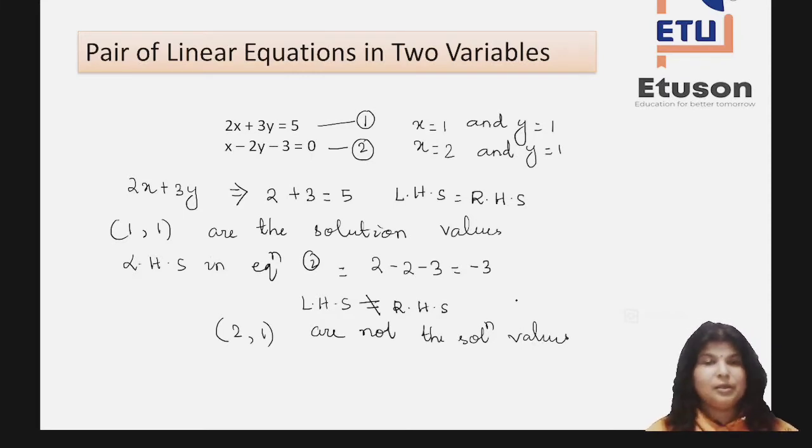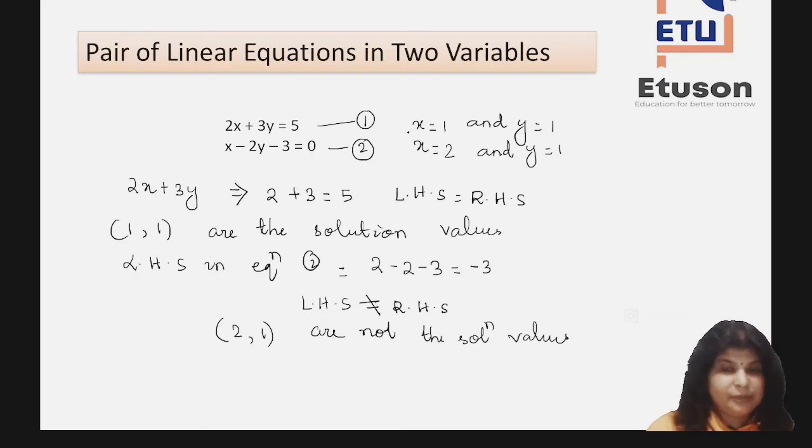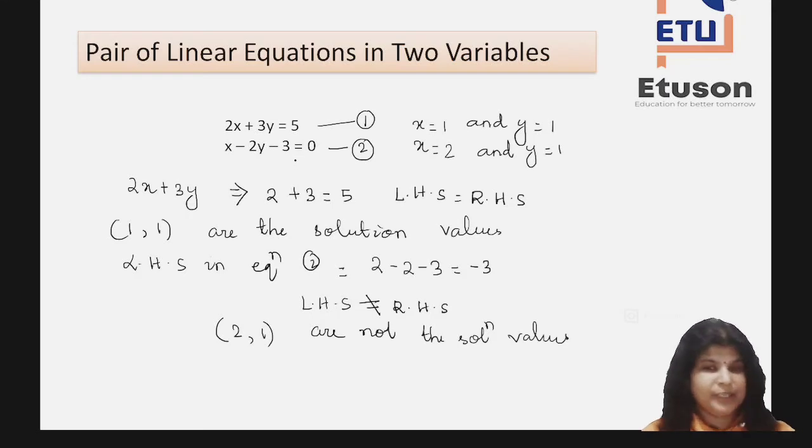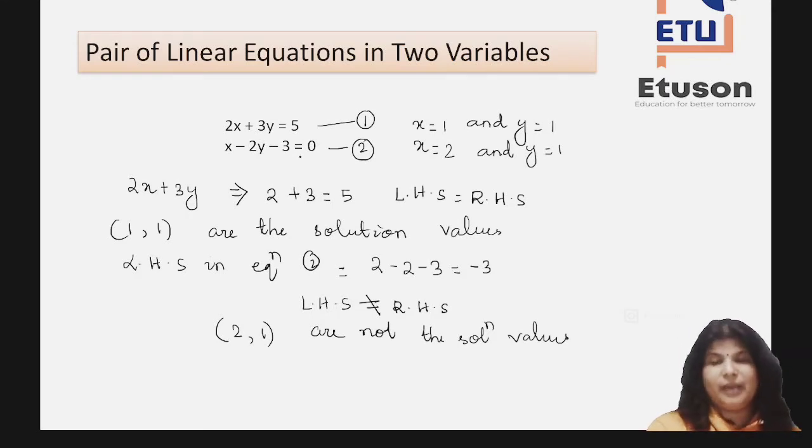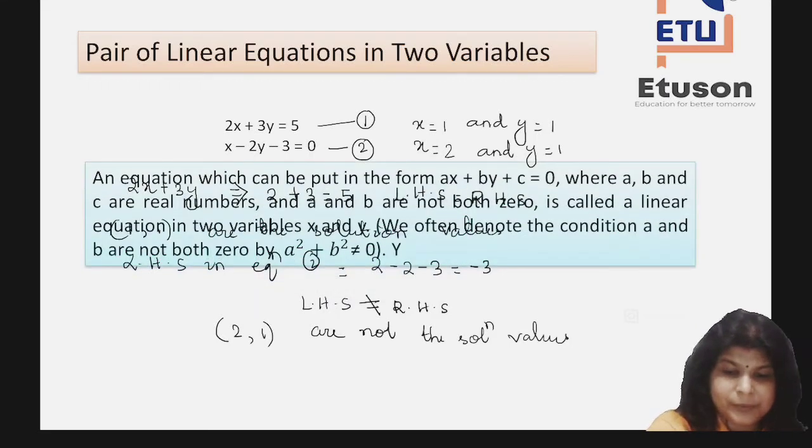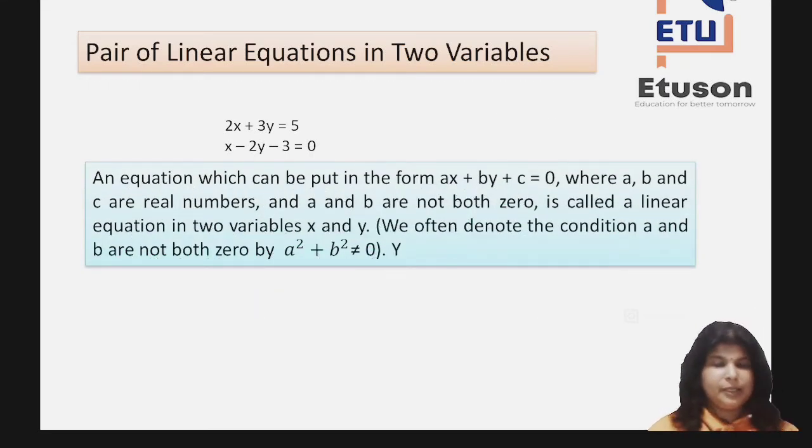So remember, for a particular value, if the equation is satisfied, that is LHS equal to RHS, then only it is the solution values. Okay, so basically, what do you mean by linear equation?